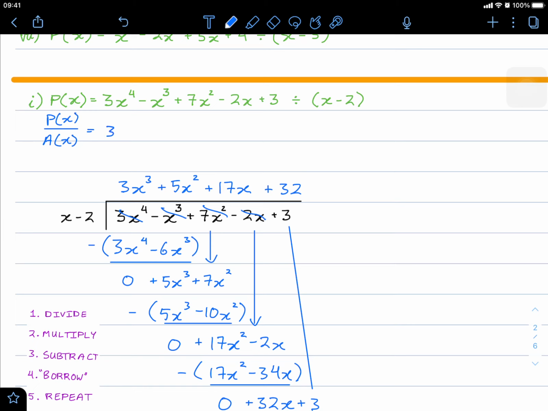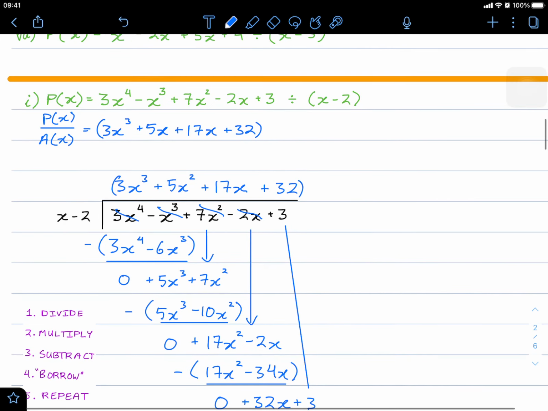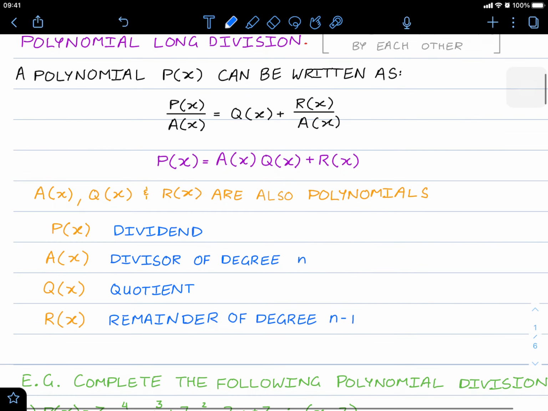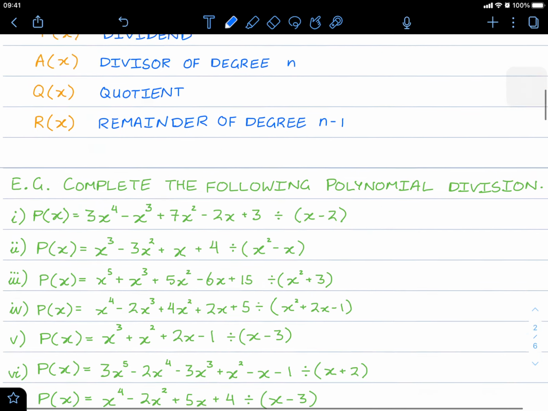So we're left with 3x cubed plus 5x squared plus 17x plus 32. That there is the quotient. Going back to our symbol here, p of x divided by a of x, that's our quotient.